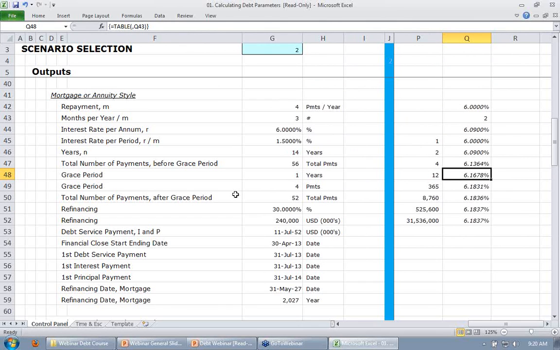So if I have an annualized model whereby I'm paying 6%, but I'm paying it monthly, my effective interest rate is 6.1678. I cannot take that interest rate, put it into the model, and expect it to amortize the debt correctly. Excel will not see that. So we actually have to do it for the period. But I want you to understand that so you'll be able to see when we do it.